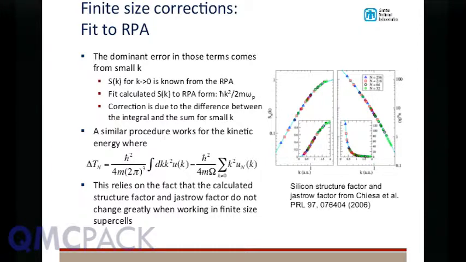So what you can do is fit the structure factor that you get from your calculation to an RPA form. You basically need to get the plasma frequency. And then the correction is due to the difference between this integral. Similarly, you can write down an interaction for the kinetic energy that does the same thing, right? Where here I'm looking at the Jastrow factor, so what happens when the particles go to large distances from one another.